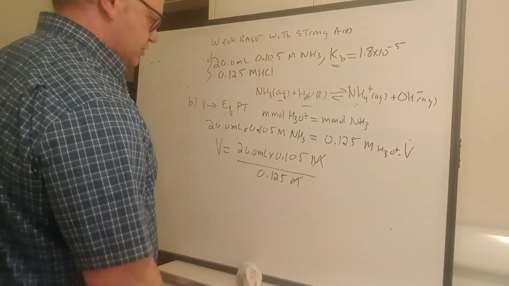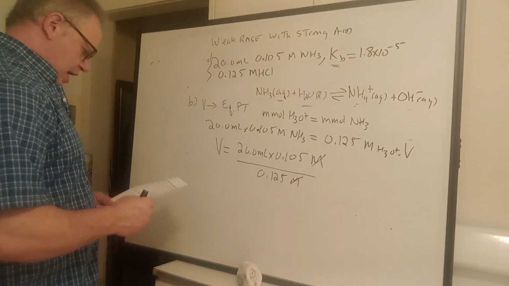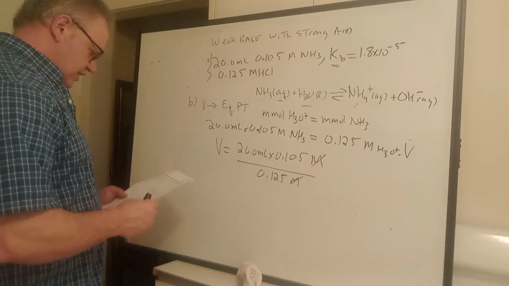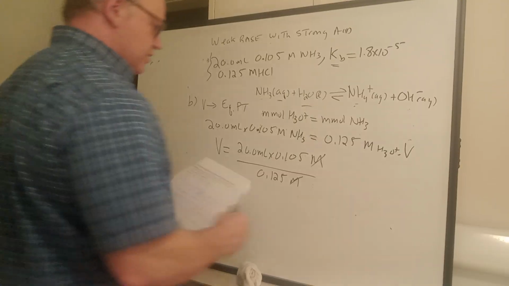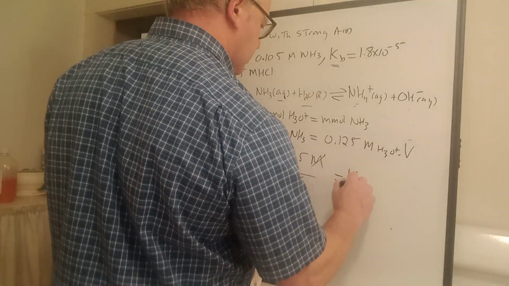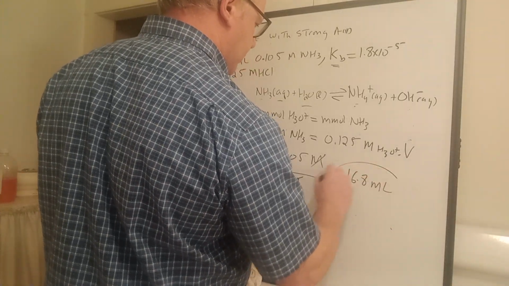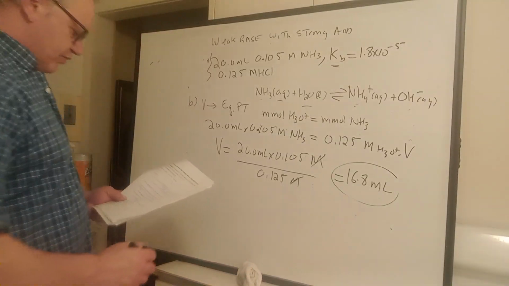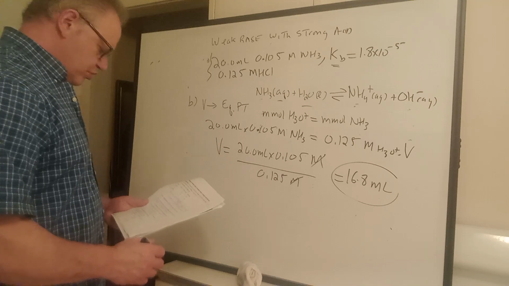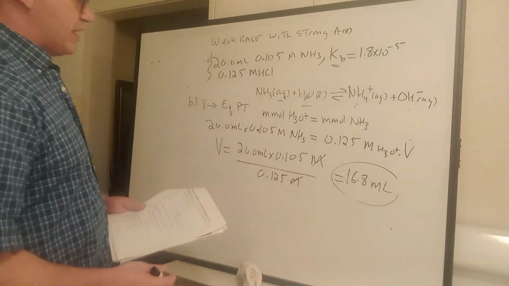We're left with milliliters. And what does that give us? That gives us 16.8 milliliters. That's the volume of HCl to get to the equivalence point. We will use that number later in the calculations.